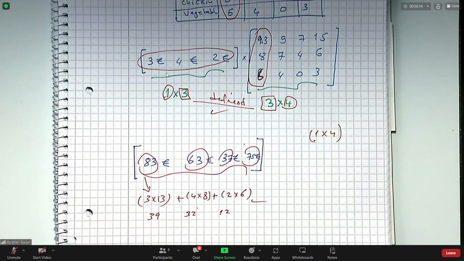So I hope with this simple example, it's clear why we did it this way, because it's the logic that we just explained in this particular exercise.